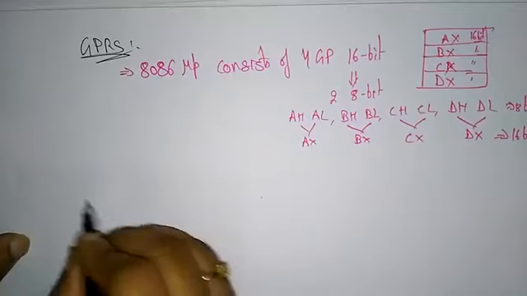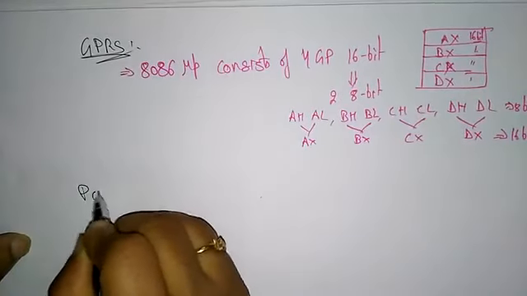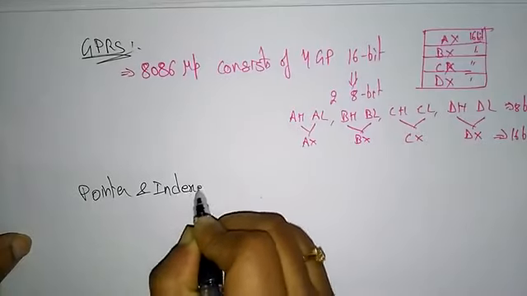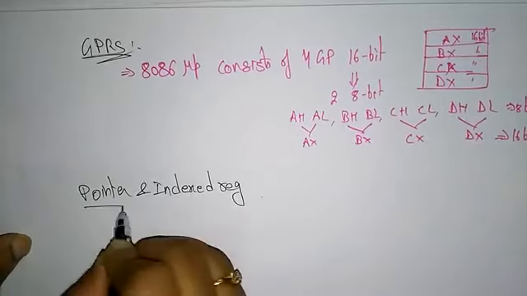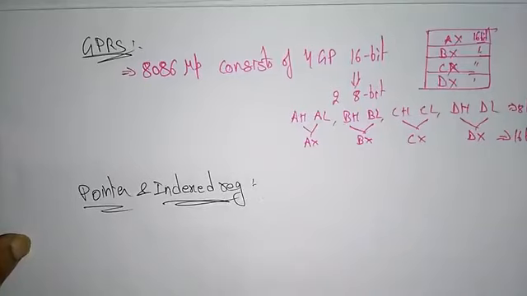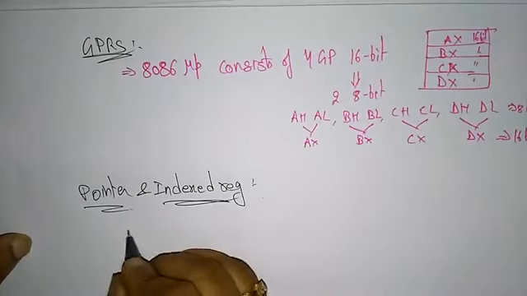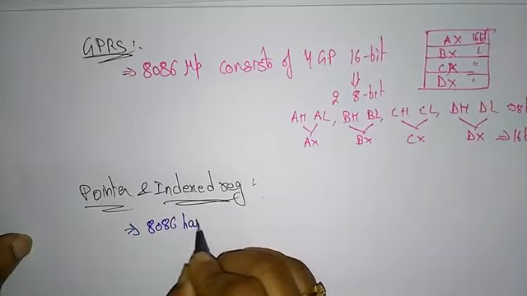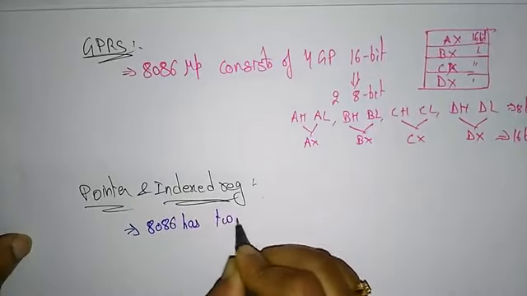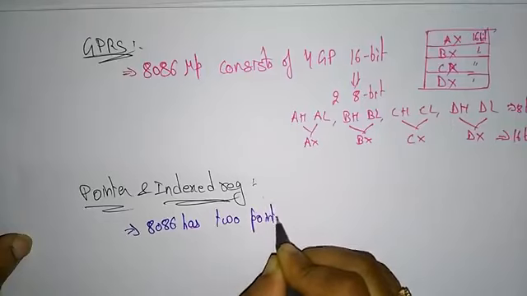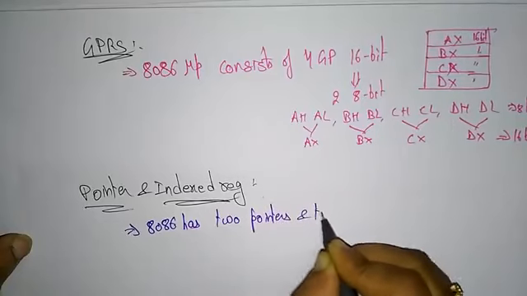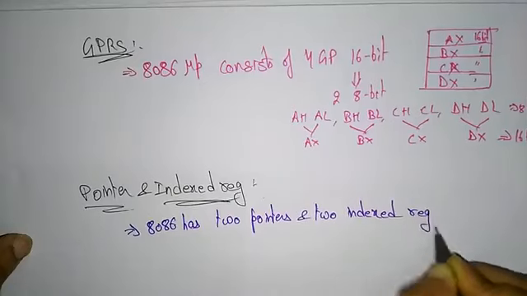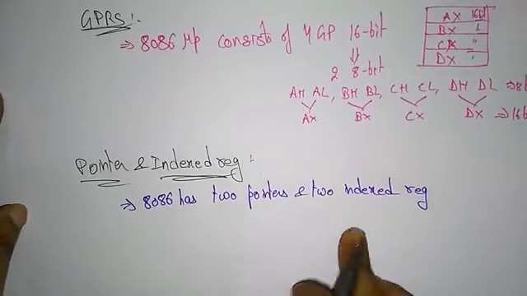Now coming to the next functional part, the pointer and index registers. What is their function in the execution unit? The 8086 has two pointer registers and two index registers.